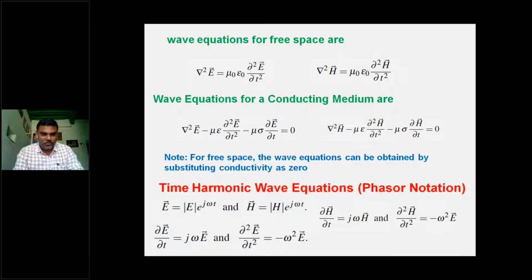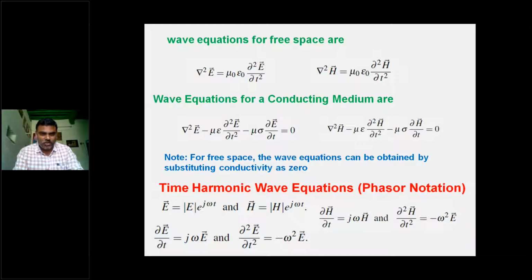So j omega squared, which leads to minus omega square, and the remaining term E. Similarly, dou square H by dou T square is minus omega square H, and dou H by dou T is j omega H. Just by replacing in the wave equations we solved in the previous case, that means in the time domain, you have to replace dou E by dou T and dou square E by dou T square by these corresponding time harmonic forms.